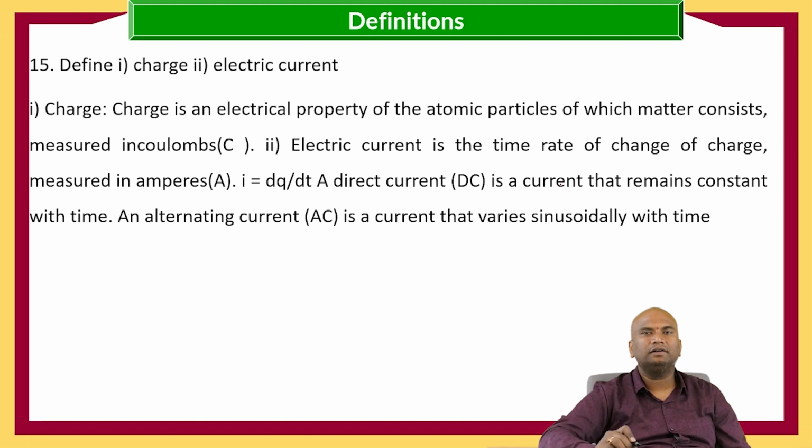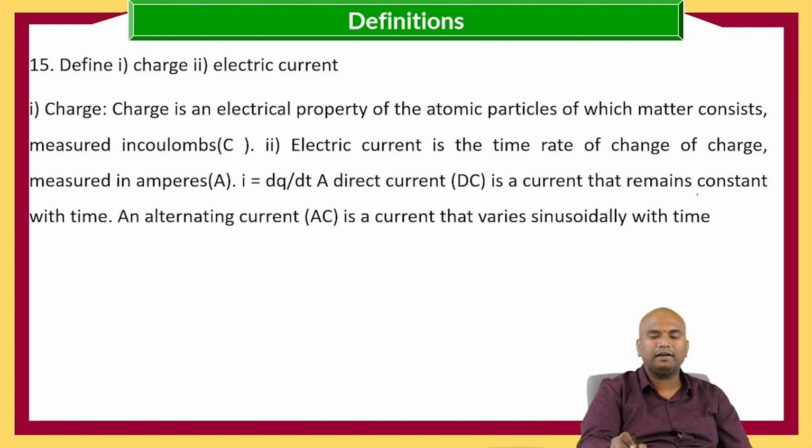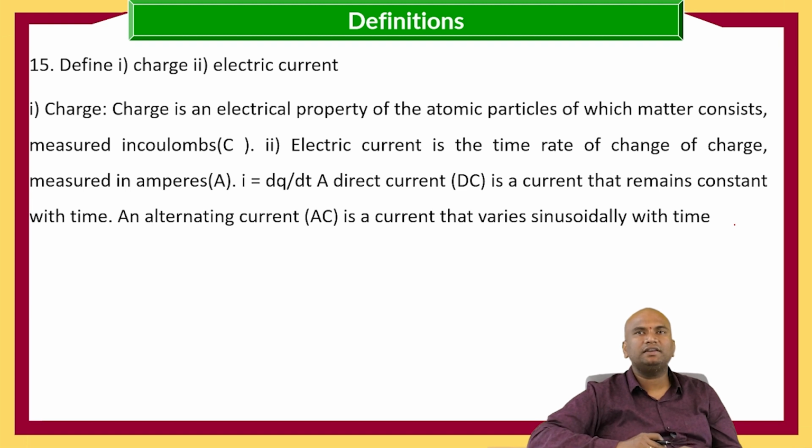Electric current is the rate of change of charge carriers, where I is equal to dq by dt, and it is measured in amperes. A DC current remains constant with time, whereas an alternating current varies sinusoidally with time.